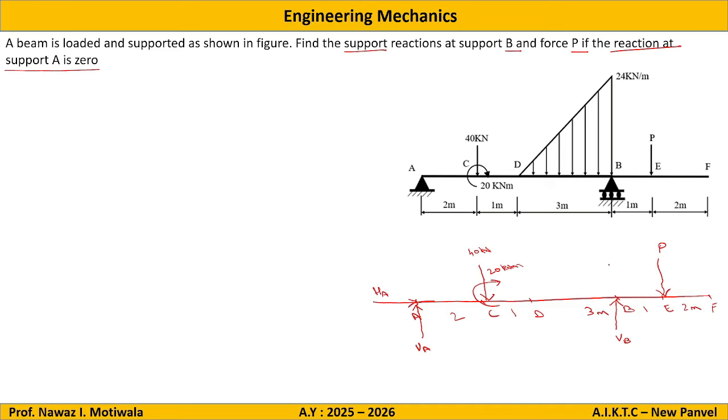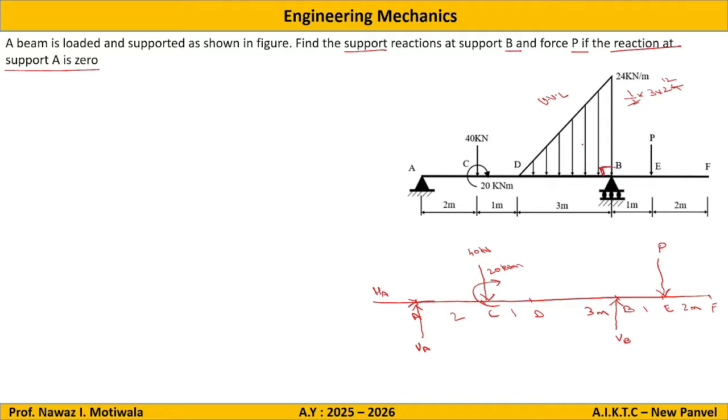Third step, convert all the loadings into resultant forces. So here you can see there is a UVL. The UVL conversion is half into base, that is 3, into height, that is 24. So if you convert this, you will get a 36 kilonewton force, and it will act at a distance of 1/3 from the right angle side.